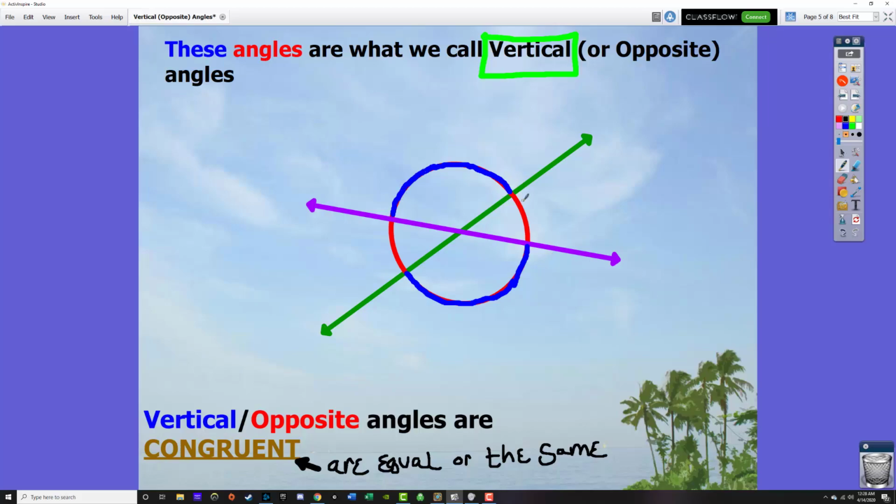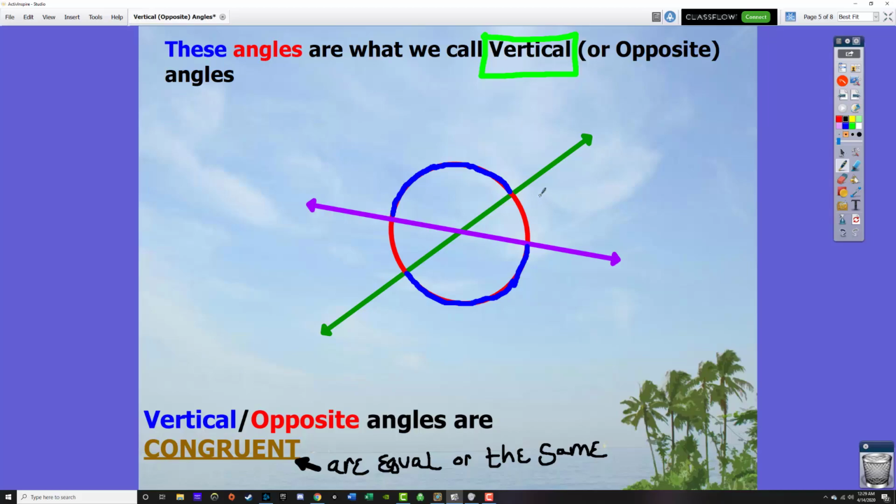If you look at both of these angles here in blue, you can tell by looking at them that they look like they are about the same distance, and in fact, they are the exact same distance. Same with these 2 angles here in red. If you look at them closely, you might say to yourself, they look like the exact same angle. And they are.